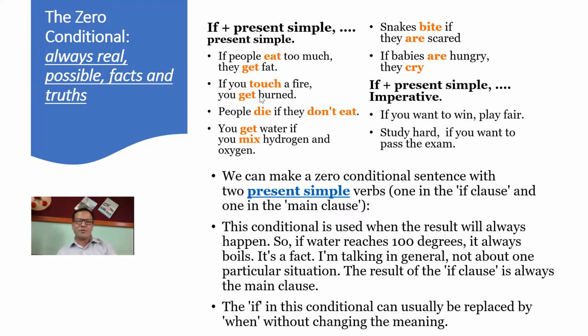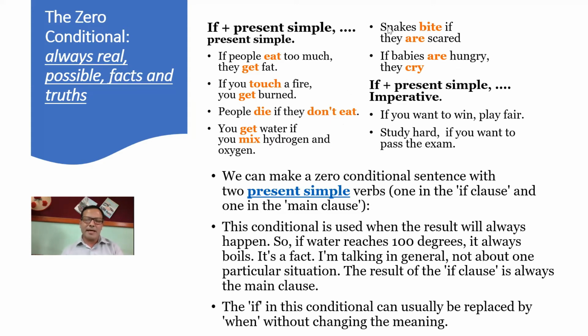Similarly, next one, if you touch a fire, you get burned. People die if they don't eat. You get water if you mix hydrogen and oxygen. Similarly, snakes bite if they are scared. If babies are hungry, they cry.